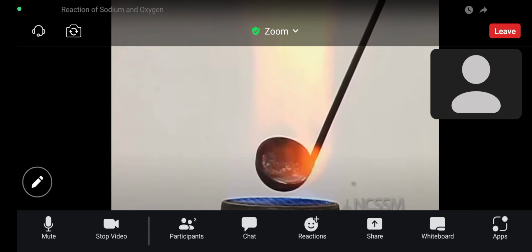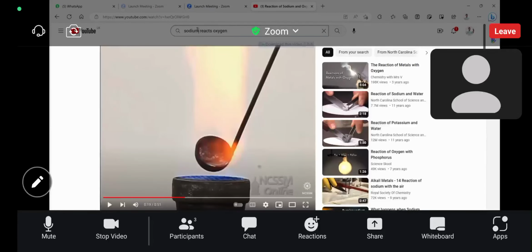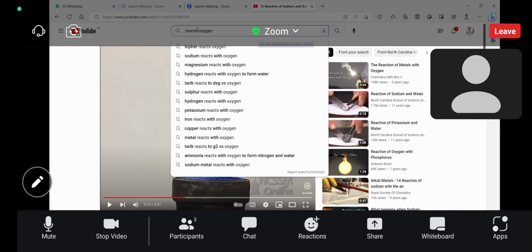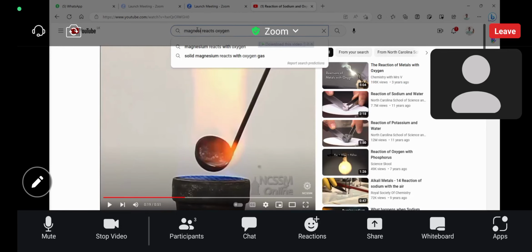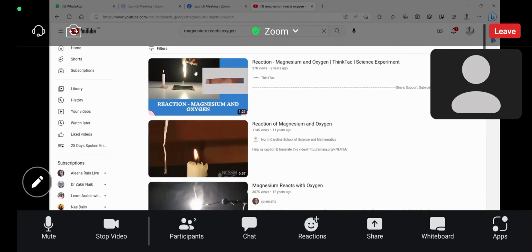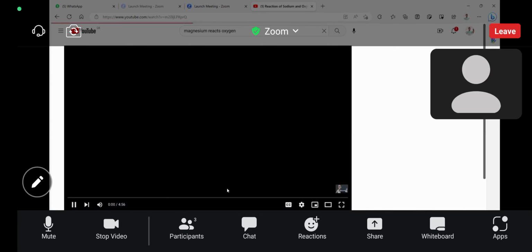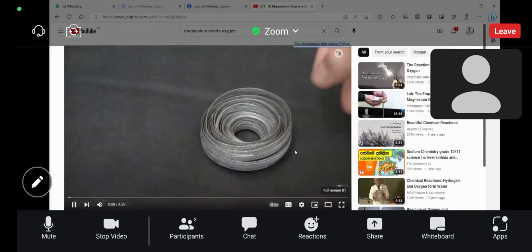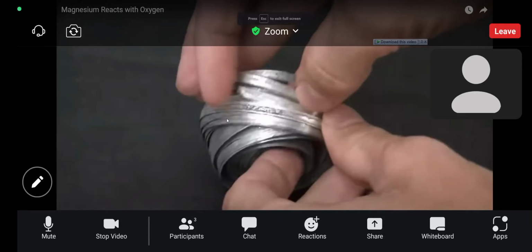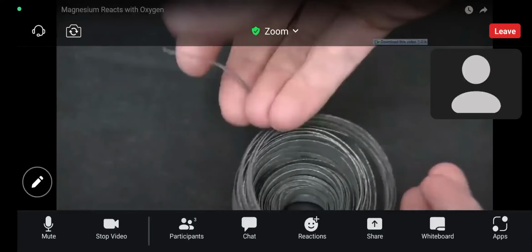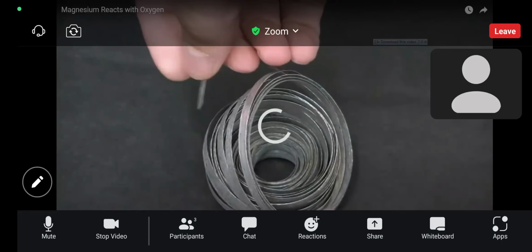Now let's look at magnesium. Magnesium reacts with oxygen, and here you can see white fume. Let's see this video. Here we have a ribbon of magnesium. Magnesium is a metal that has the property of luster. You can see it's shiny. Here you can see the oxide being produced. What is this?